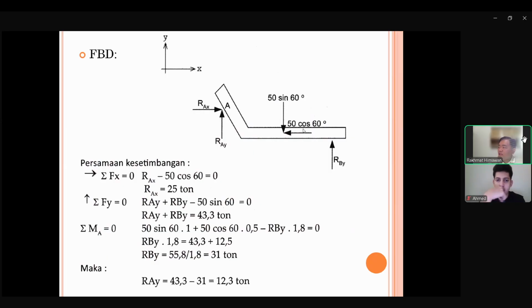We can calculate 50 sine 60. RAY we don't know, but we don't need to know because there is no moment to point A. So what is left is RBY.